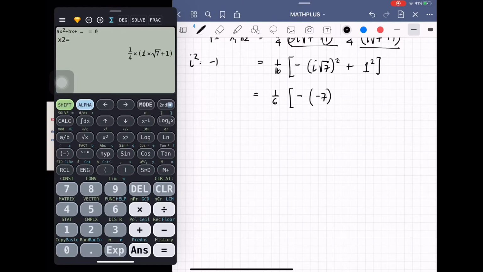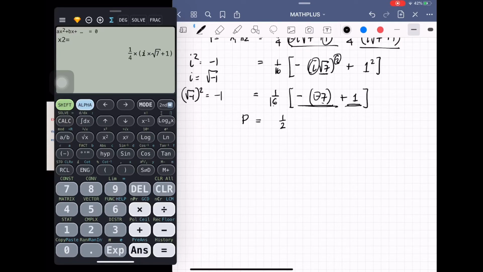That's because i is equivalent to the square root of negative 1. So square root of negative 1, quantity squared, that will give you negative 1. That's why i squared is negative 1. Square root of 7 squared is 7. So you get negative 7 plus 1. So we get 7, positive 7 plus 1, that's 8. That's 8 divided by 16. We get 1/2 for the product of the roots.